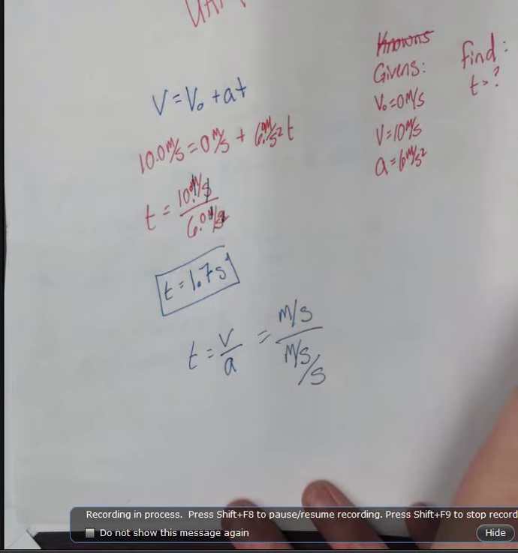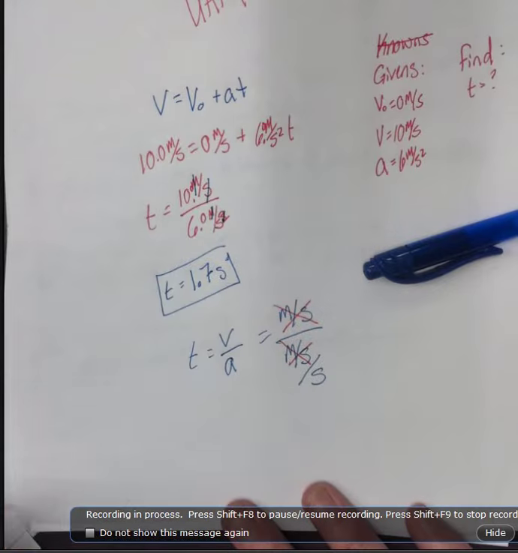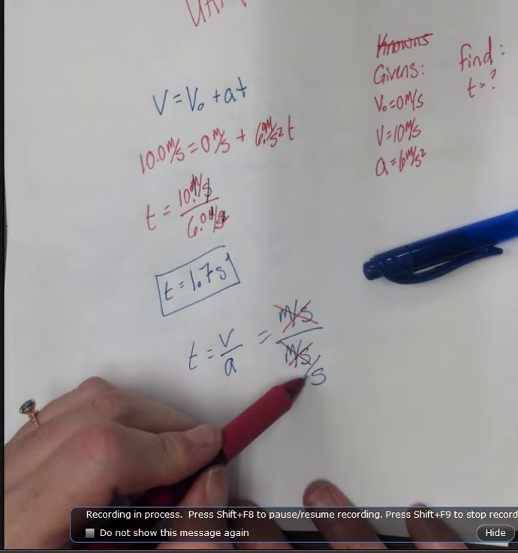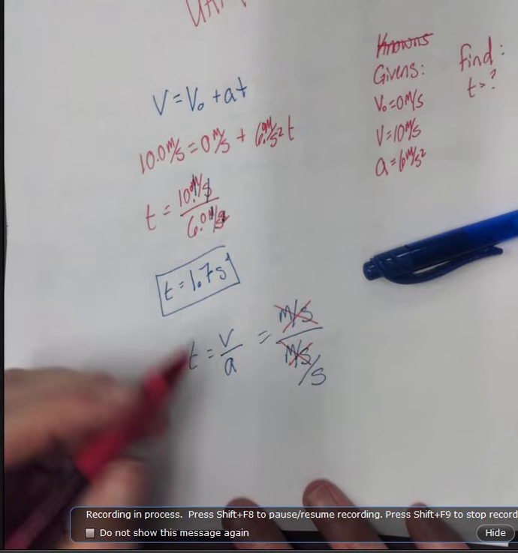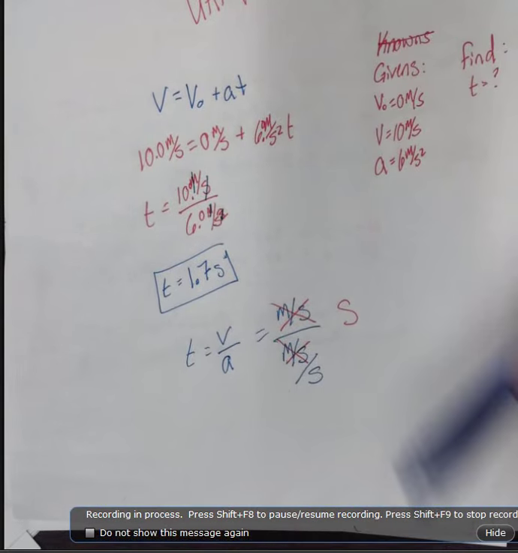And when we resolve these, look, meters per second and meters per second cancel out. You have a fraction in the denominator, which when you move it becomes the numerator. So, taking a look and making sure our units match, we were trying to find time. Time is in seconds, so this is going to work great.